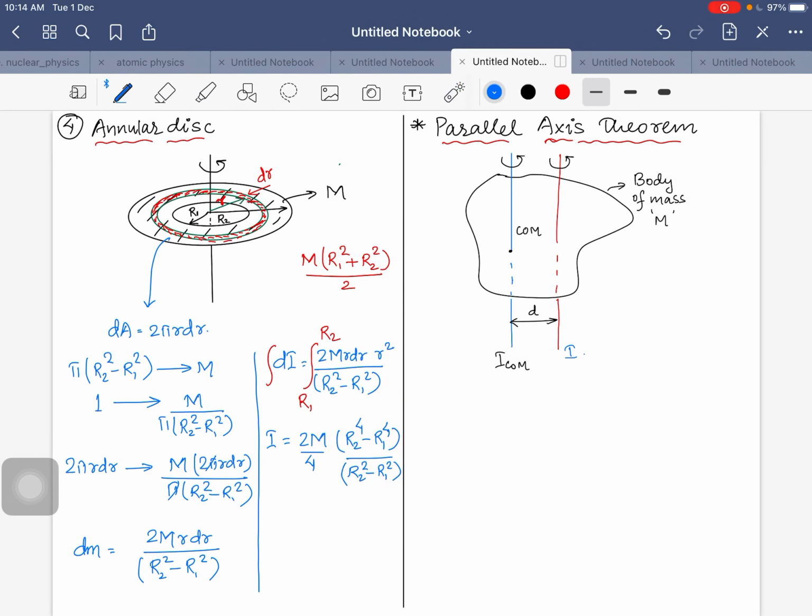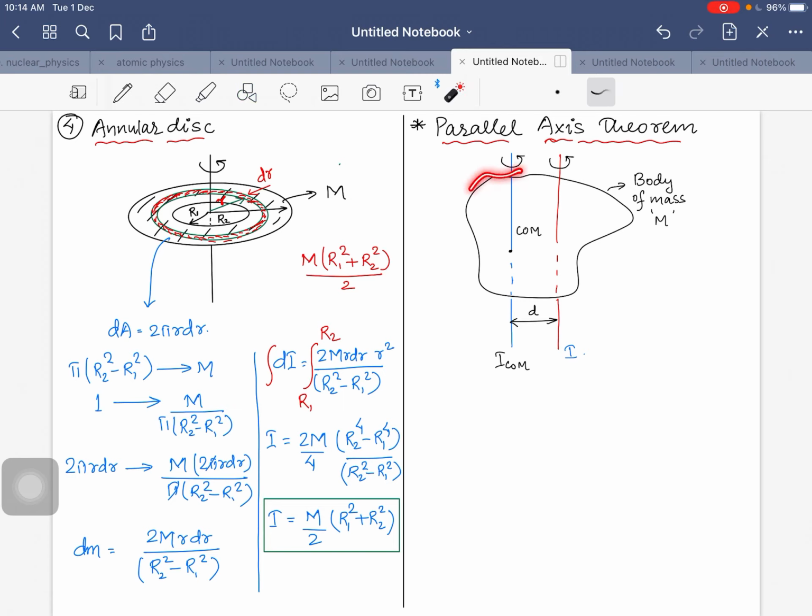So the answer that I will get will be m by 2 times R1 square plus R2 square. Okay, this is the answer. I think this question is clear.